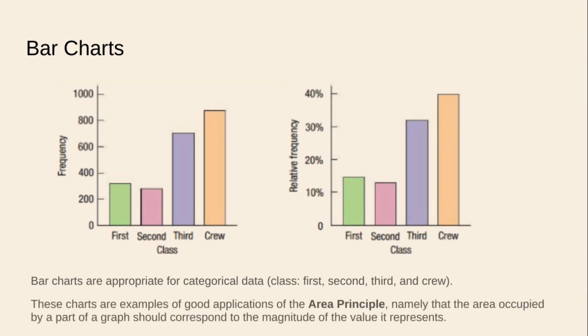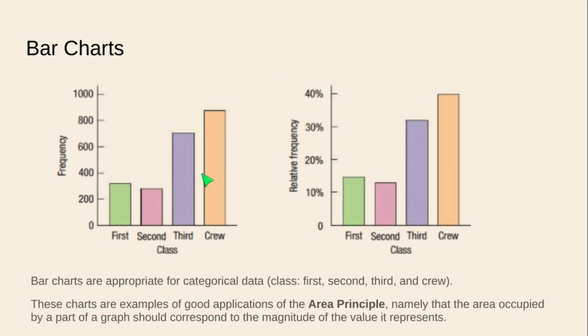These charts are examples of a good application of what is called the area principle. That principle says the area occupied by part of a graph should correspond to the magnitude of the value it represents. In English, that just means that the bigger the bar, the bigger the value associated with that class. All right, so obviously there are more crew members than first class, so we'd expect the bar to be bigger for crew than first.